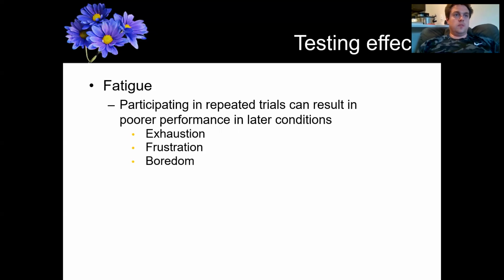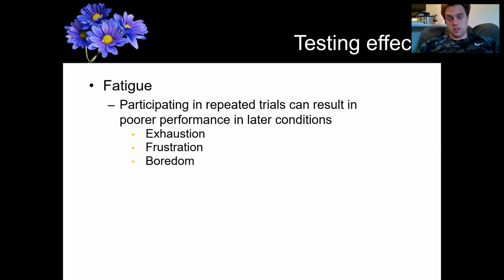So let's think of our classic example of driving with a cell phone. Again, you take people to a driving simulator. Let's say they start with the no cell phone condition as a control, and then they do the cell phone condition.